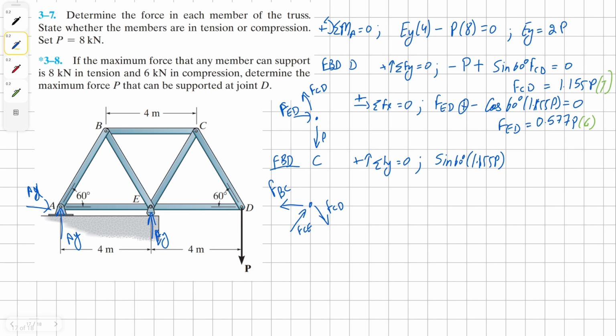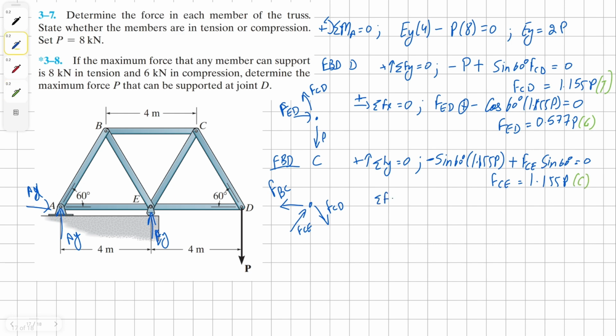Because this force, or the vertical component, is going downwards, it's going to be negative. And then we have vertical component of force CE going upwards, all equals 0. Solving for force CE, we get our solution as 1.155P. And this member is in compression.